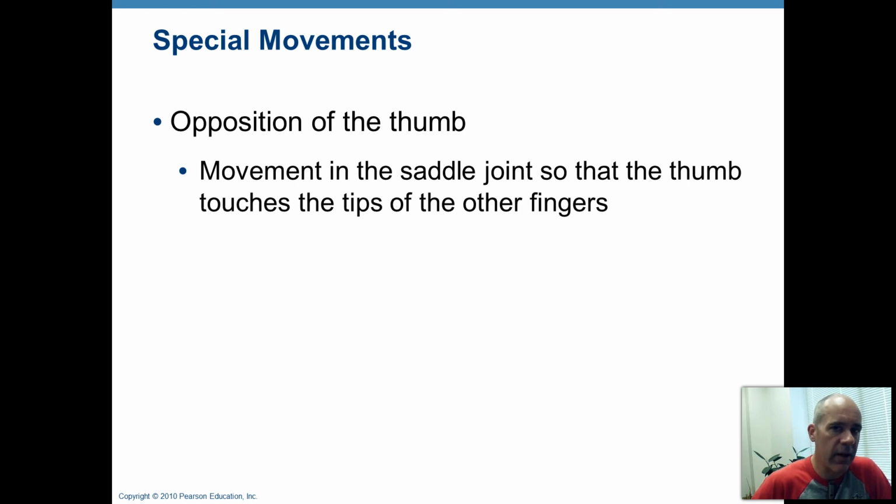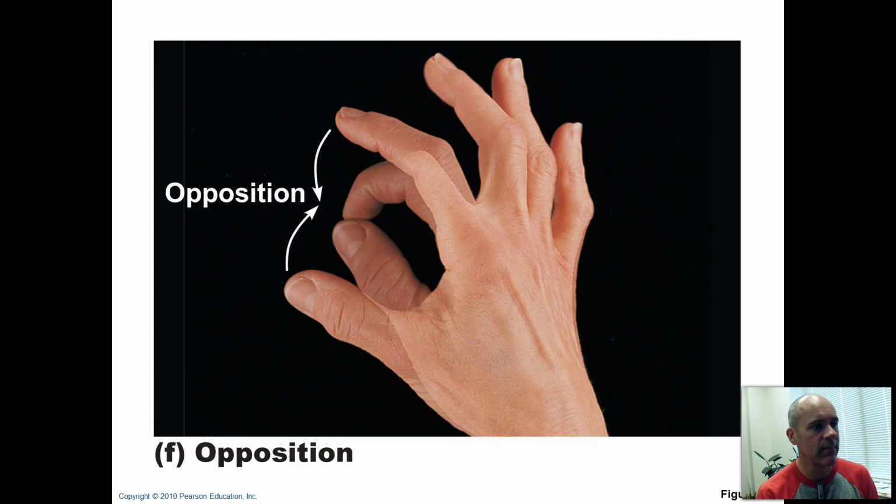And we're not going to talk about the muscles that get involved in allowing that to happen, but we're just putting that in here as one of the special movements that occur within your skeletal system as skeletal muscles pull on those bones and cause the movements to happen. And there's your picture from your textbook on opposition type movements.